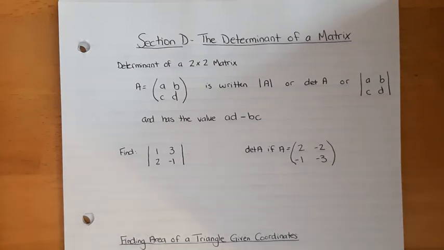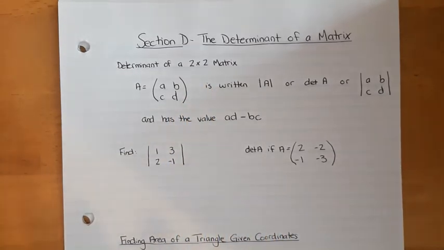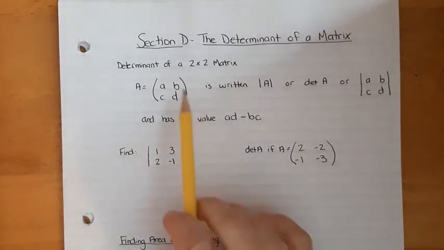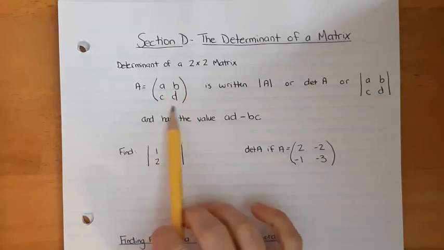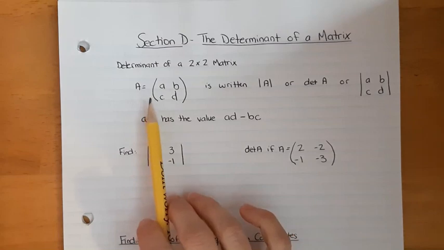You can get the determinant of all sorts of different matrices. The one that we're going to focus on is a 2x2 because that's what we need in order to do the simultaneous equations later. So, determinant of a 2x2 matrix, randomly assigned A, B, C, D.